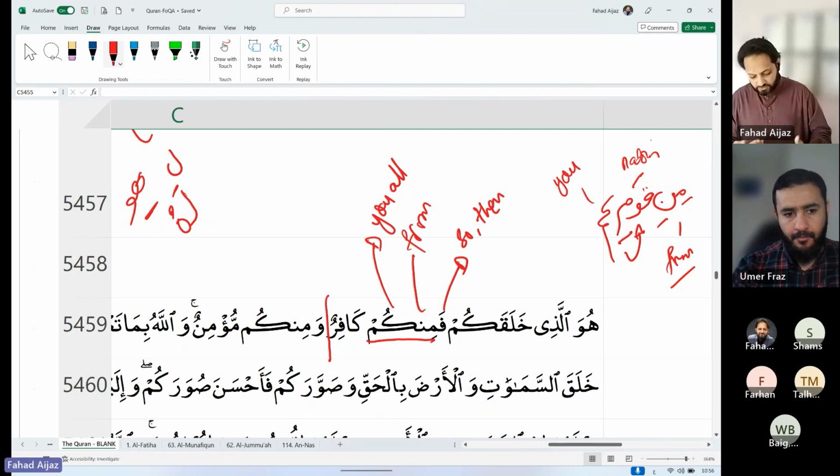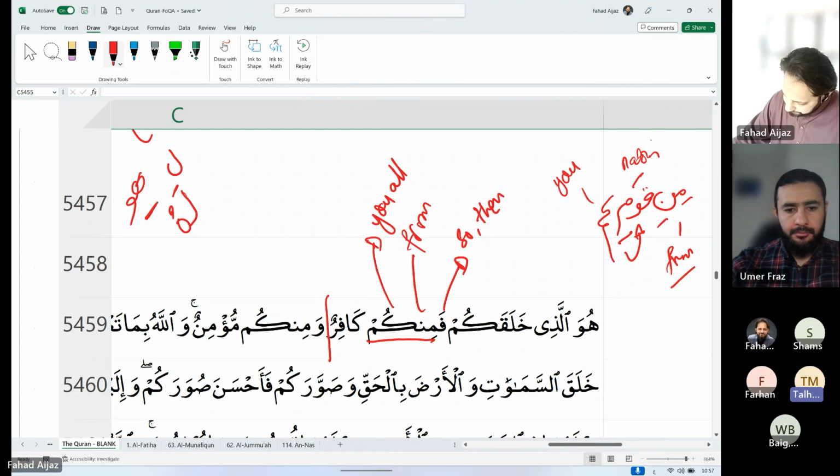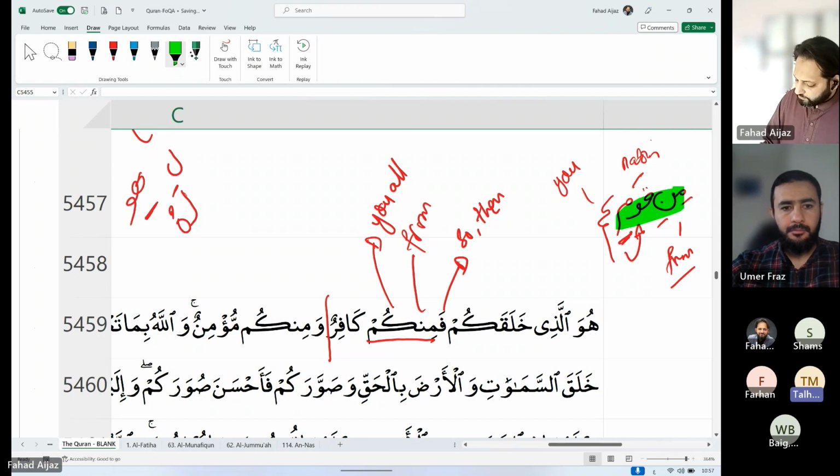Okay. Fahad, just one quick thing. Min qawmi is harf of jar and majroor, right? Then qawmikum becomes an idafa as well, or no? Correct. Yes, of course. This is idafa.